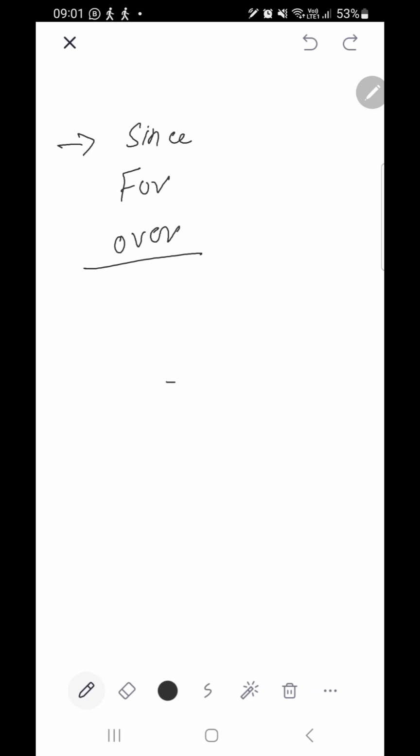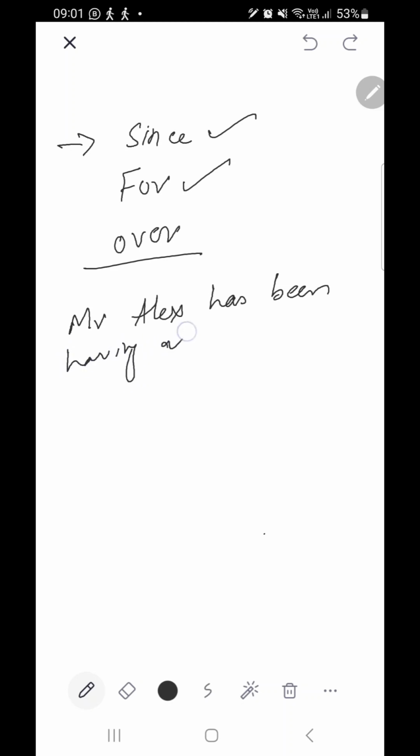When we have a start of time mention, we use since. For a period of time, we can use for. And for an event that is happening time and again, or a repeated event, we can use hours. So let's write three examples for that. Let's say Mr. Alex has been having abdominal pain for 2 weeks.